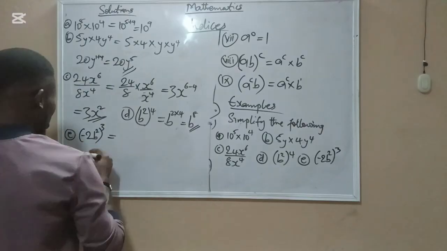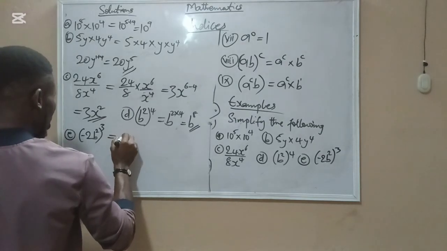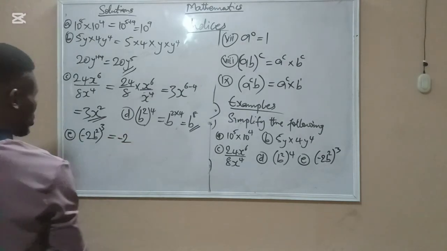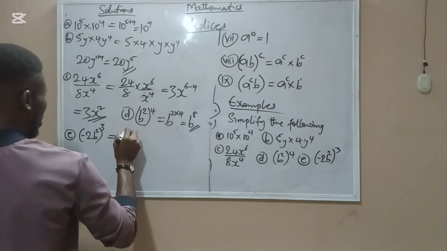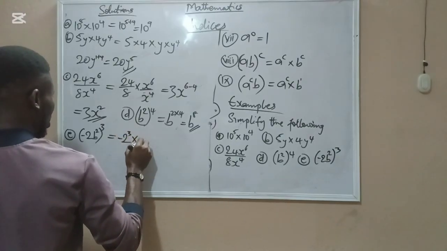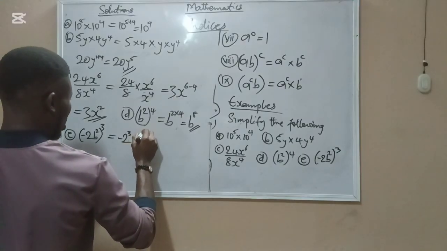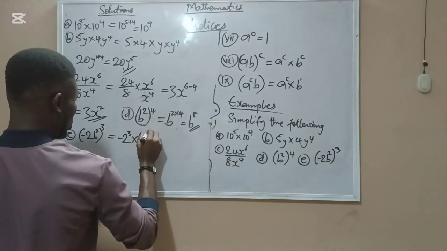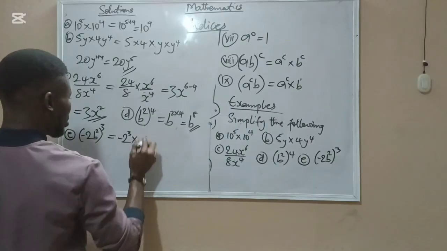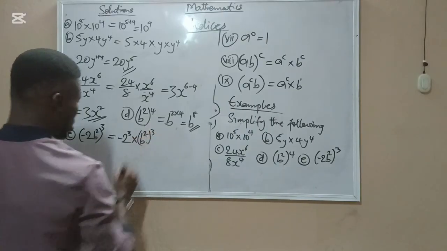So this is the same thing as minus 2 to the power 3 multiplied by b to the power 2 all together.